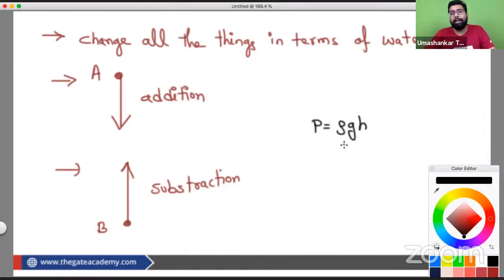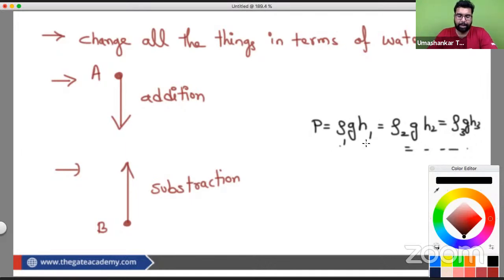Now for a given particular pressure, if we are keeping this pressure constant, we can use some liquid, let's say rho1 h1. We can use some other liquid, rho2 h2. We can represent it in some other liquid, rho3 h3, and so on. Some pressure can obviously be represented in this way.